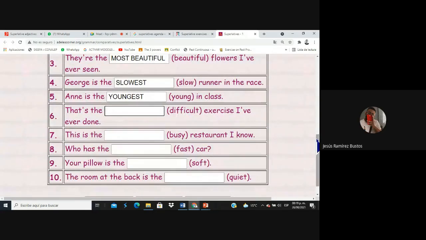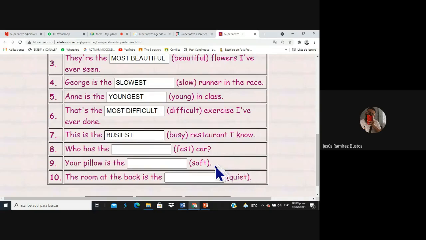That's the most difficult exercise I've ever done. This is the busiest restaurant.